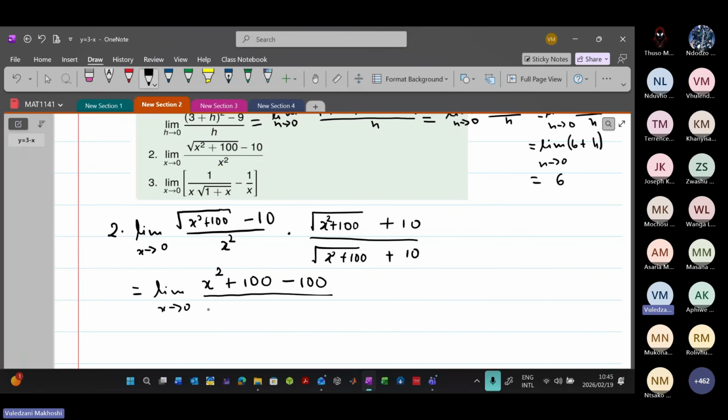Divide all these things by x squared times the square root of x squared plus 100 plus 10.